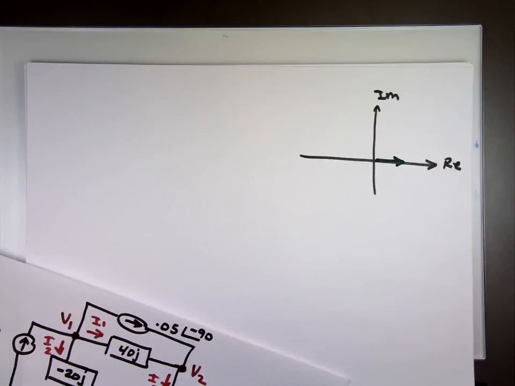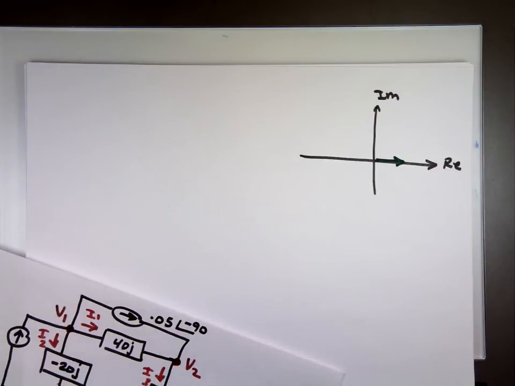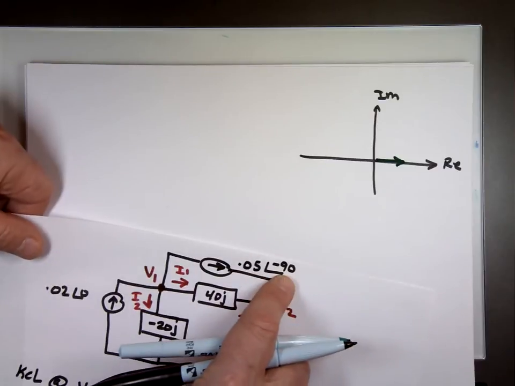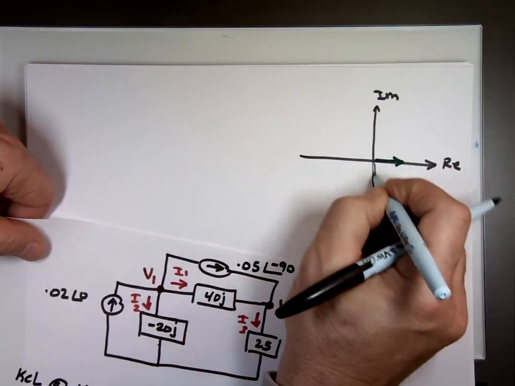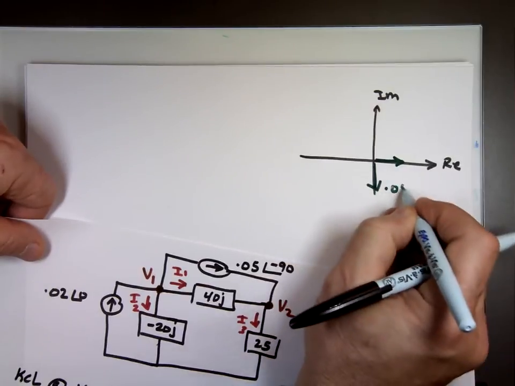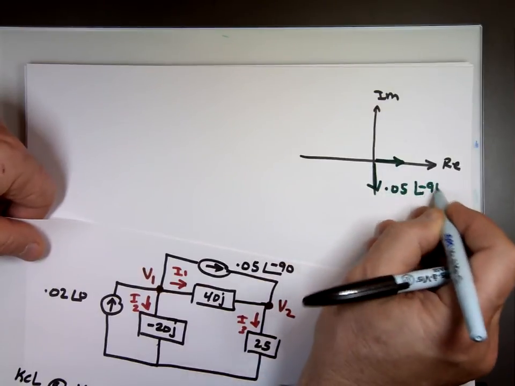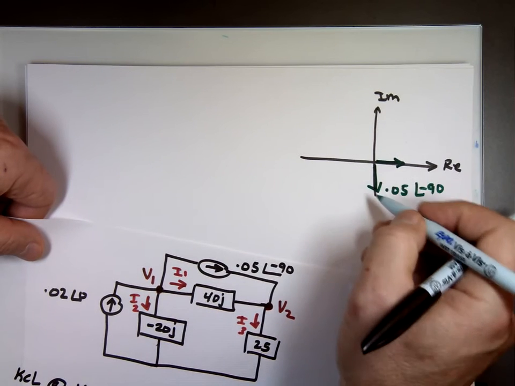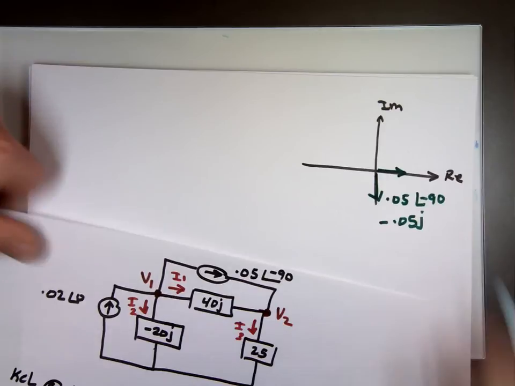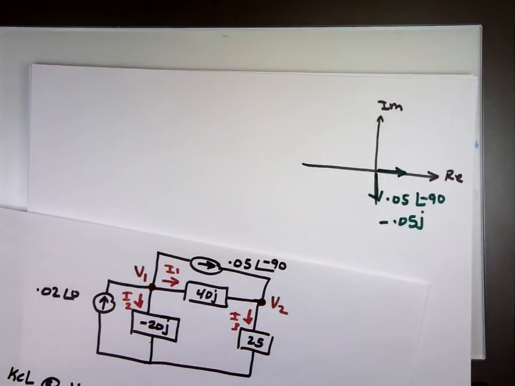That's why I said 0.02 angle 0. You can write that just 0.02. This one, 0.05 angle negative 90, which is where? Down this way. Since that's the imaginary and it's coming down, it's really a negative 0.05j. It's in the negative j direction.